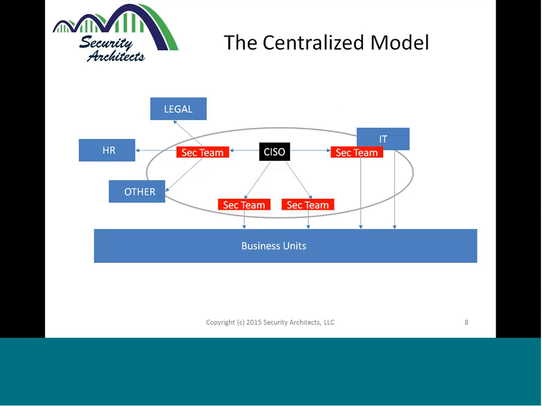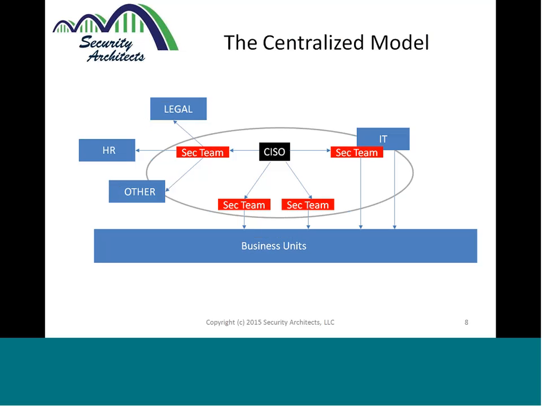So to go through a couple of these models, just show some examples. I'm going to talk for a second about the centralized model. I show it here revolving around a security leader. Let's call him or her a CISO for the moment. And the security teams all report to the CISO in this centralized model.